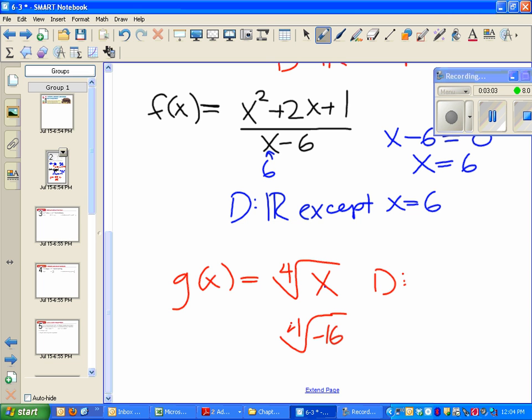So I can't have any negatives because it's a 4th root and it's an even index, if you remember from 6.1. So my domain is going to be x is greater than or equal to 0. So 0 works and anything positive. So that's a little bit how domain works.